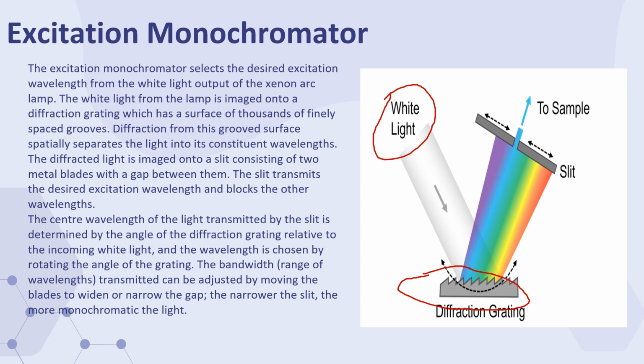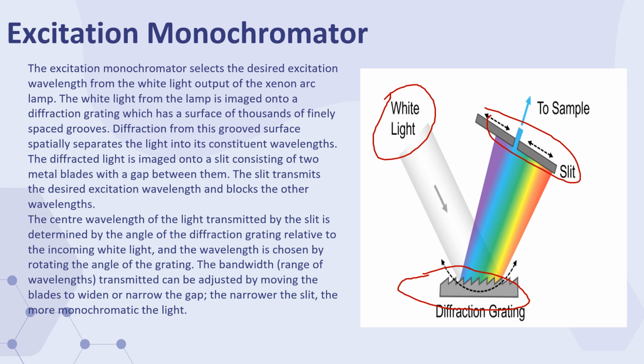The diffracted light is imaged onto a slit consisting of two metal blades with a gap between them. The slit transmits the desired excitation wavelength and blocks the other wavelengths. This is the slit that passes only a specific wavelength of light and blocks the other wavelengths.